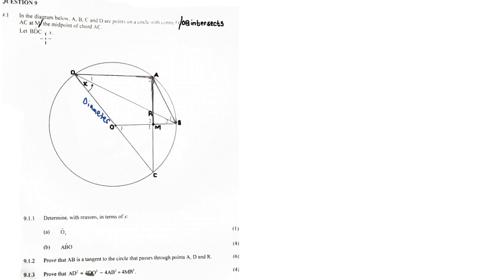Next, they say the midpoint of chord AC. If we read this again, it says OB intersects AC at M, the midpoint of chord AC. So M is the midpoint of this chord AC. If M is the midpoint of this chord, then we know that the midpoint divides the chord into two equal halves.